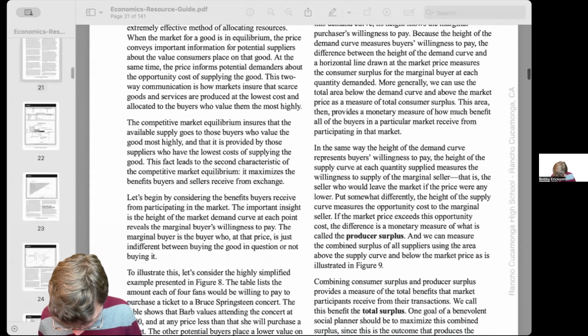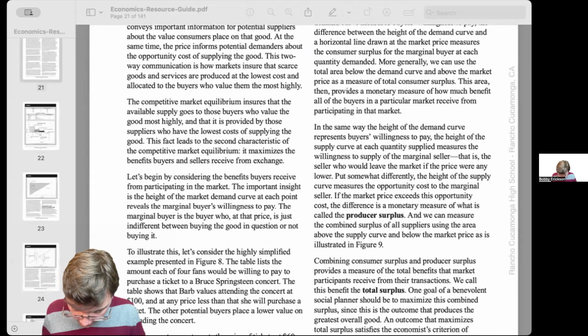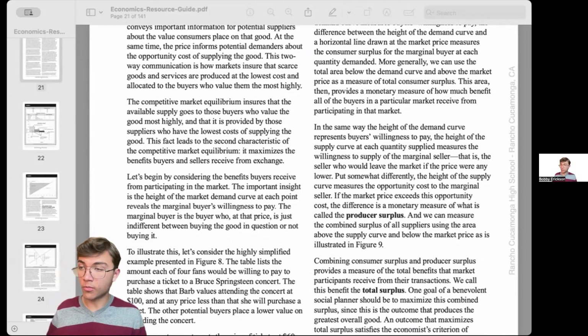So we can see here it says the willingness to supply. At a certain price point, they're willing to supply that much quantity. The height of that supply curve measures the opportunity cost to that marginal seller, to that single seller at that single point.